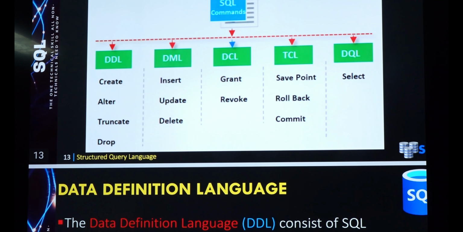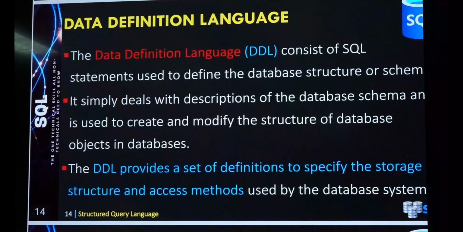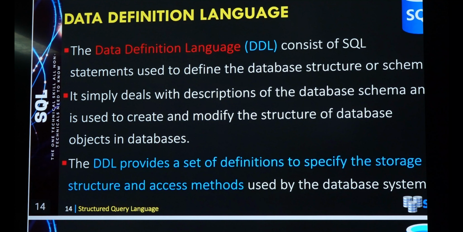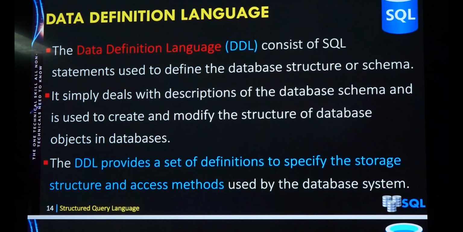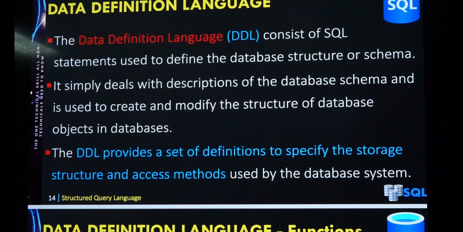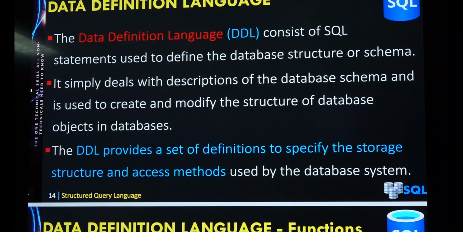Now we will see the next topic, DDL, which is data definition language. Data definition language consists of SQL statements used to define the database structure or schema. It deals with descriptions of the database schema, and it is used to create and modify the structure of database objects in databases.